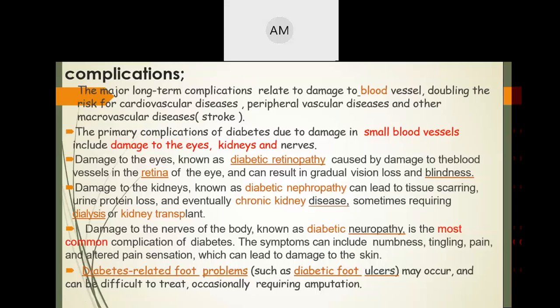In a normal patient, when there is a cut, there is healing and the wound is healed up. But in case of diabetes, there is accumulation of excess glucose near the wound site, so there are more chances of infection at the site. So you can see that diabetic patients have diabetic foot.